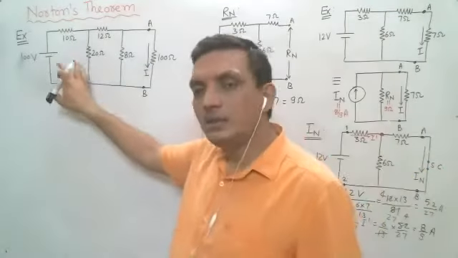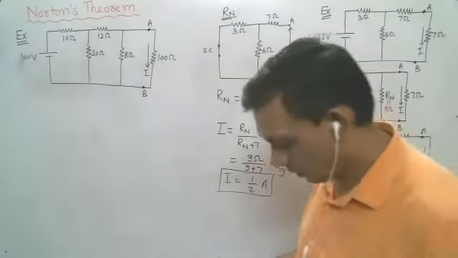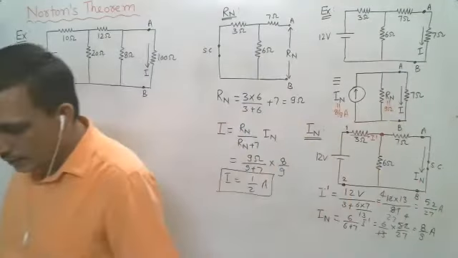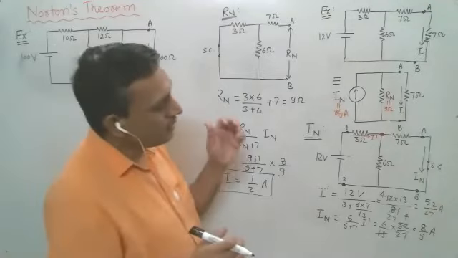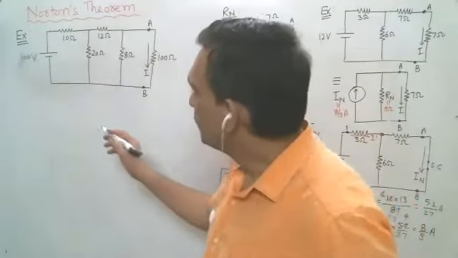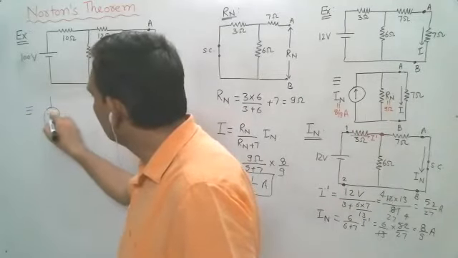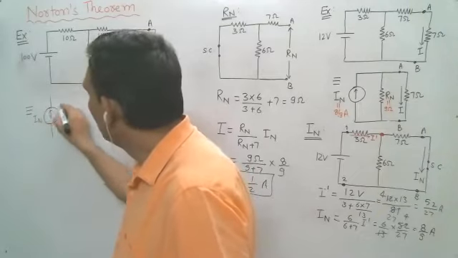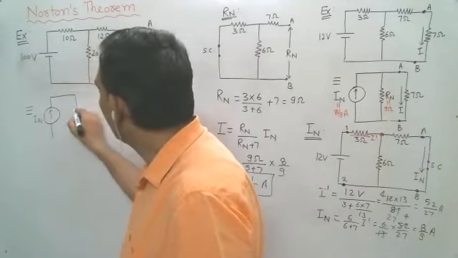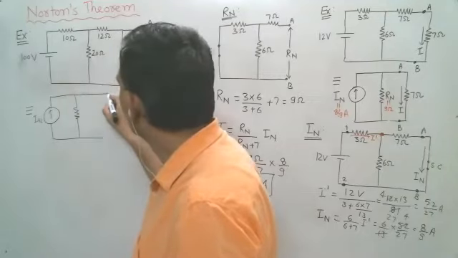Now I have considered a 3-loop network. So the equivalent is the same. We have a current source IN and a parallel resistance RN. So its equivalent will be: you have a current source IN and now you have a parallel resistance RN.